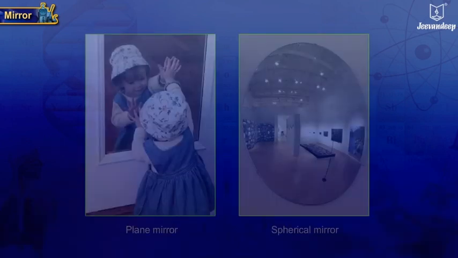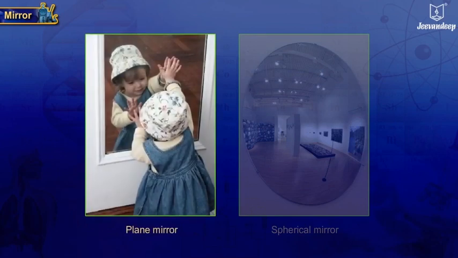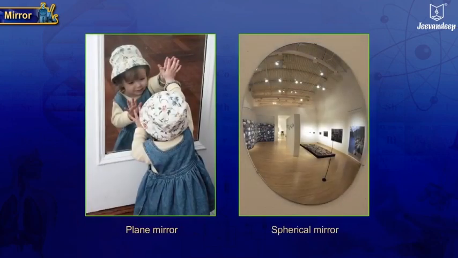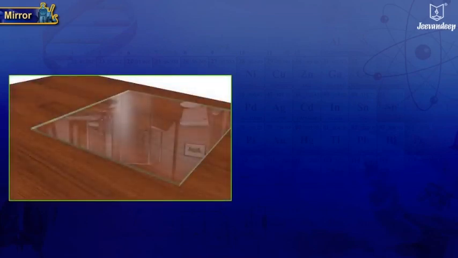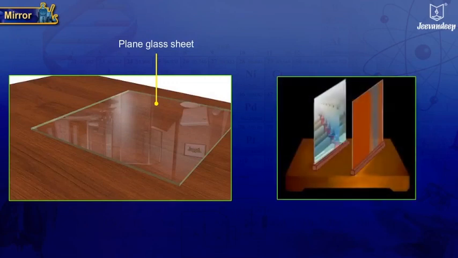Mirrors are of two kinds: plain mirror and spherical mirror. A plain mirror is a plain glass sheet, one side of which has the silver coating. This makes the other side of the glass sheet reflecting, acting as a mirror.